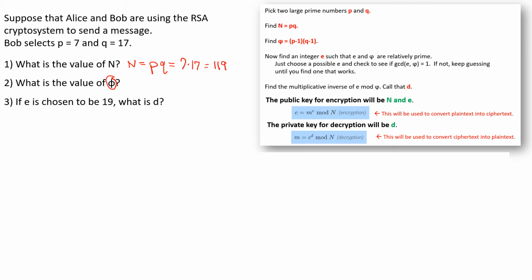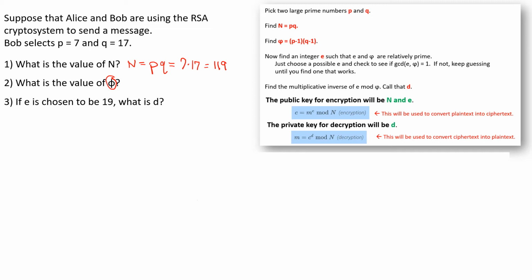Now, what is the value of phi? Notice this symbol that I have circled here doesn't completely match up with what's in that box at the top right. Phi looks a little bit different. The book, I think, shows the phi like what's in this box to the right.